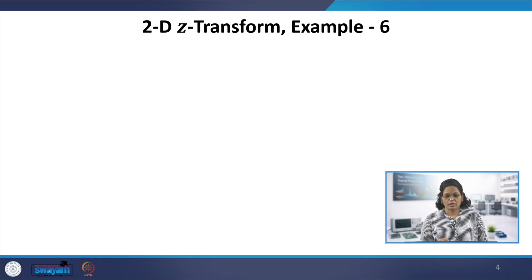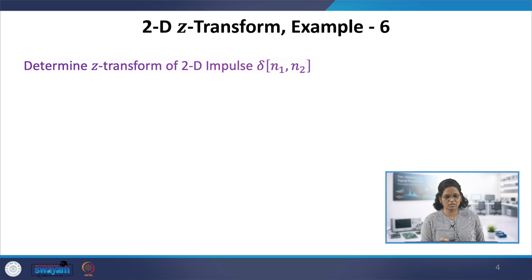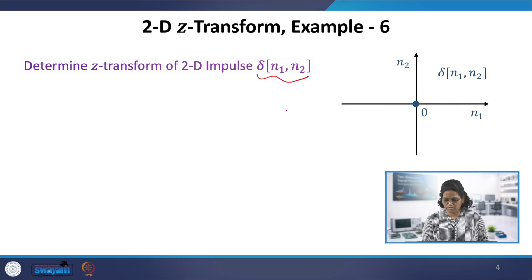Now let us take one more example, a specific case. Take the example of the 2D impulse. For the 2D impulse, we know that when n1 and n2 are 0, this is going to be 1. The 0 indicates the position where n1 and n2 are 0, so that is the unit impulse, and its value is 1.